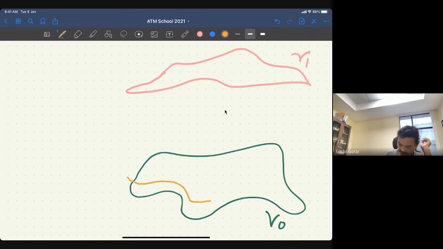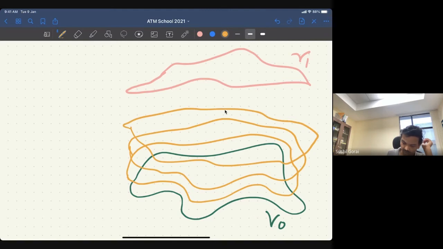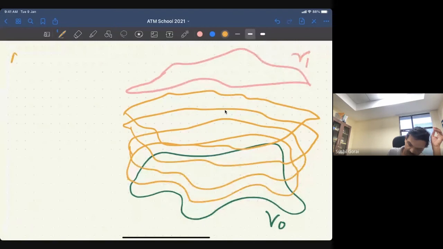So you have certain curves going from one side to the other. You have a homotopy. A homotopy is given.